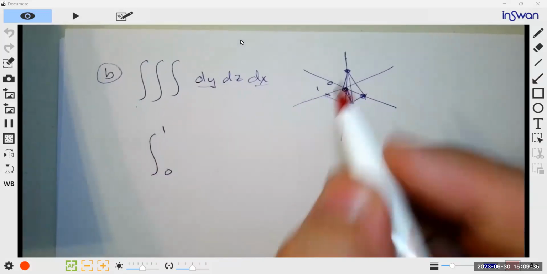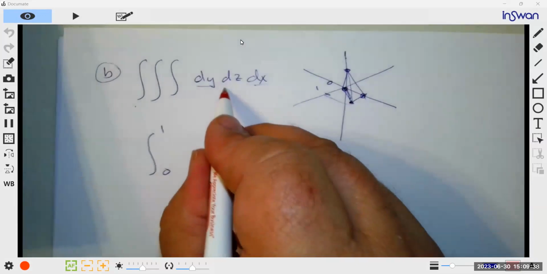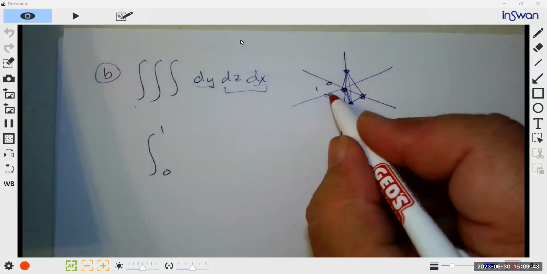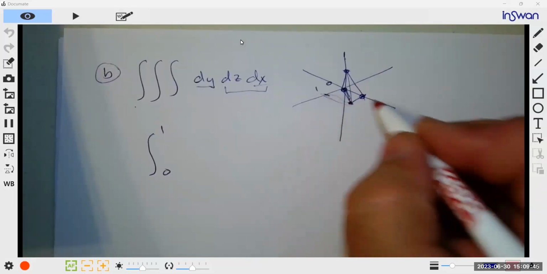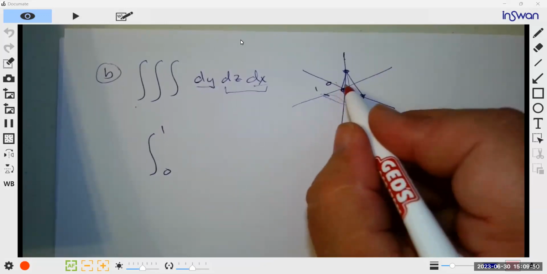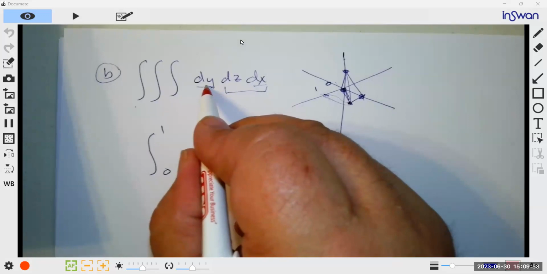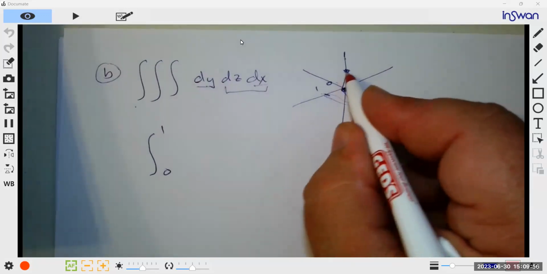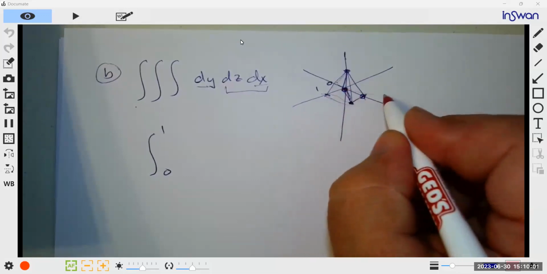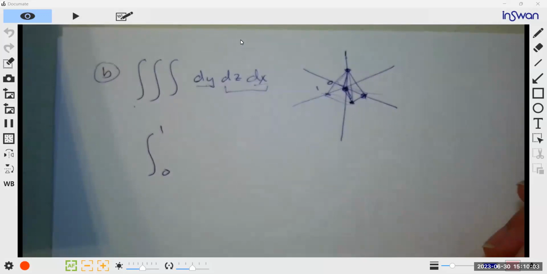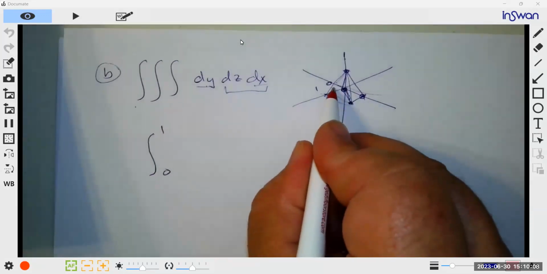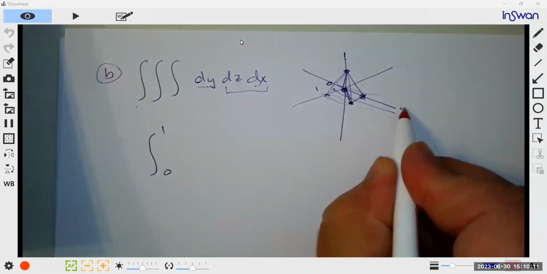Now, since we're doing dy first, our shadow is on the ZX plane. So the shadow, if we draw a perpendicular line to it, it's on the ZX, which here looks like this. We want to be parallel. Our line has to be parallel to the y-axis.